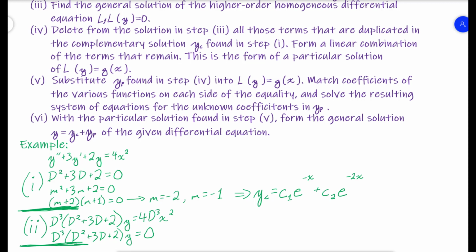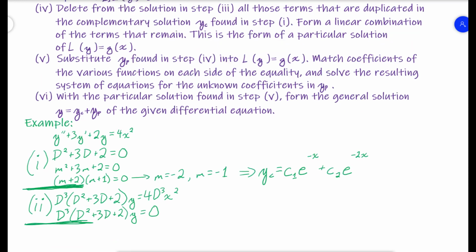My third step says find the general solution of the higher order homogeneous differential equation L sub 1 times L of y equals 0. So I need to find the general solution of my higher order homogeneous differential equation D cubed times the quantity D squared plus 3D plus 2 times y equals 0. So I'll use an auxiliary equation here. My auxiliary equation will be m cubed times the quantity m squared plus 3m plus 2 equals 0.